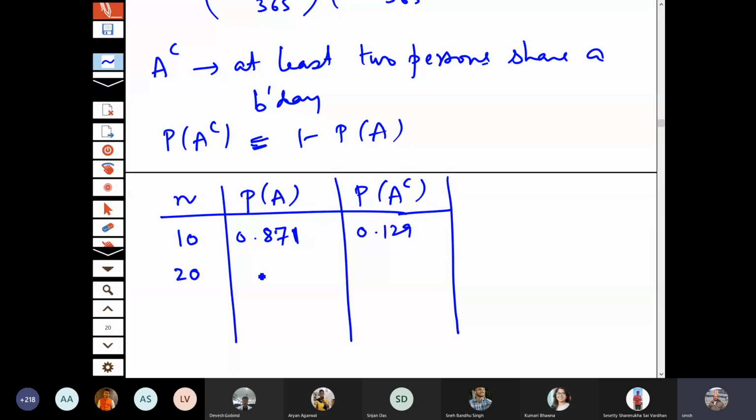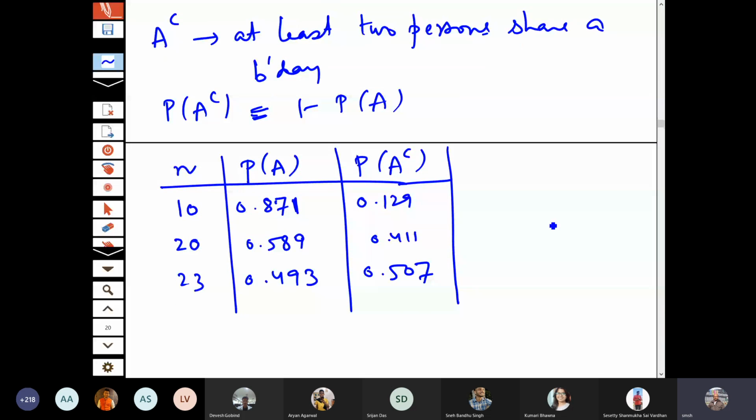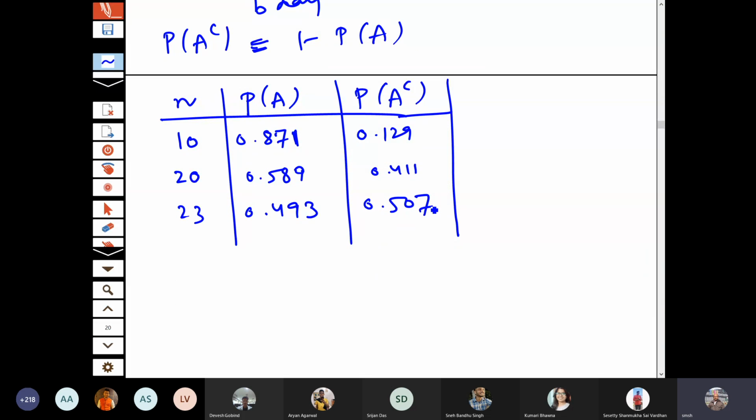If I go to 20, then this number becomes 0.589, and at 23 it is actually becoming less than 0.5.